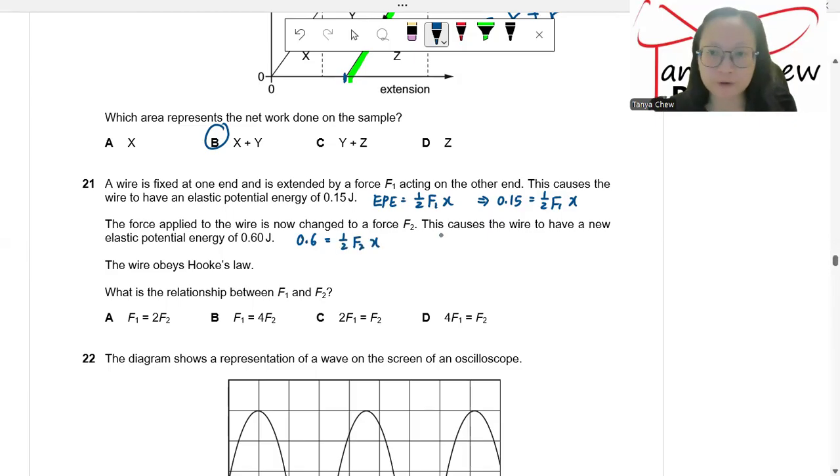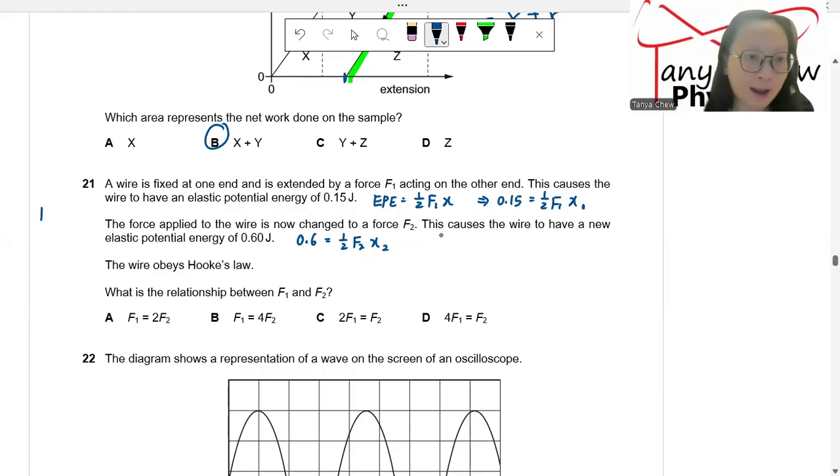I would have a different X because of the different elastic potential energy and different forces, because the question did not say that this wire is being extended to the same extension. They would just give us the force and then cause a new elastic potential energy. So I will have to use X2.